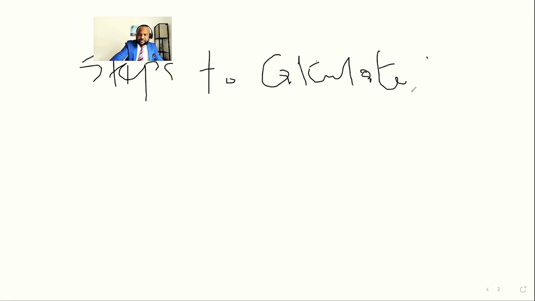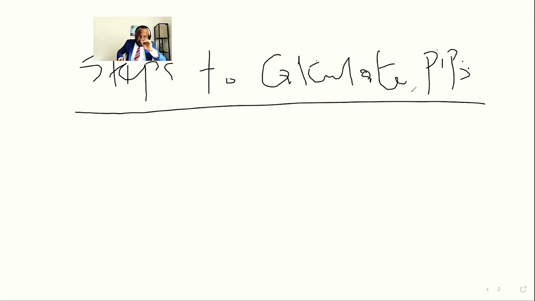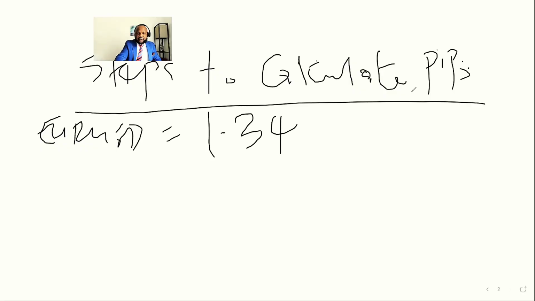Steps to calculate pips. So, for example, let's take a particular currency pair. Let's say EUR/USD. EUR/USD is currently, let's say, 1.34250. I'm just saying.